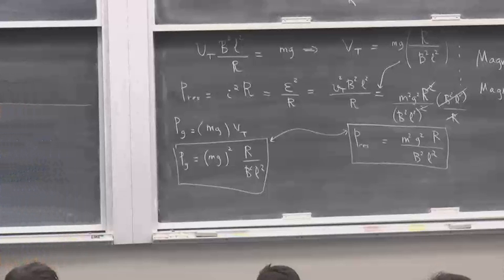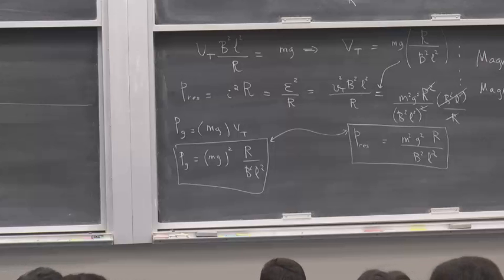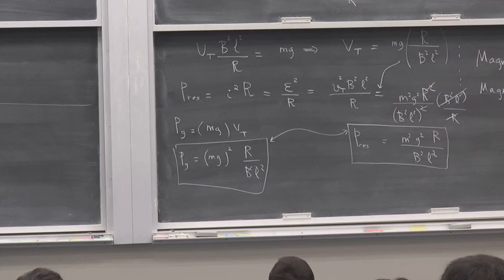I would like to bow down my head in the aesthetics of this argument. So beautiful. You're delivering power to a resistor, which means you're getting useful energy. That energy is coming from gravity, and you're going through the route of a magnetic field. The magnetic field is acting like a vector.